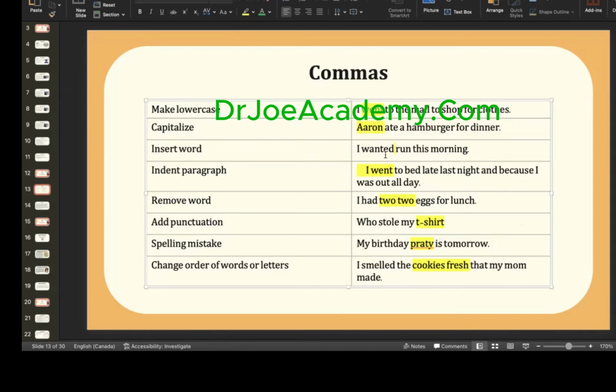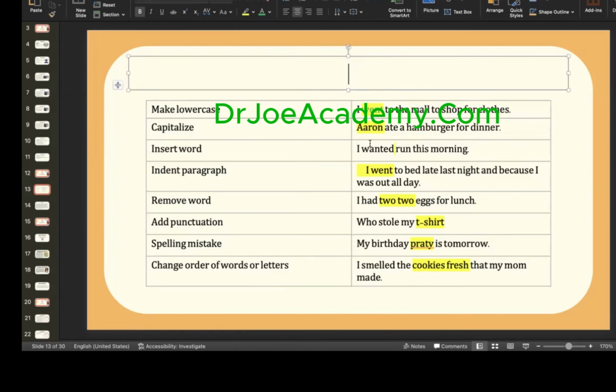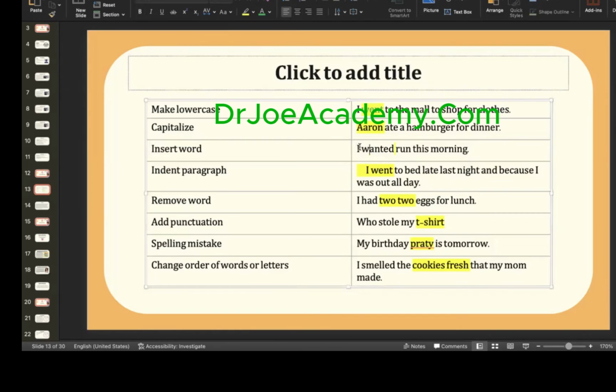Elizabeth, can you read this sentence for me? Elizabeth? What does this sentence say?